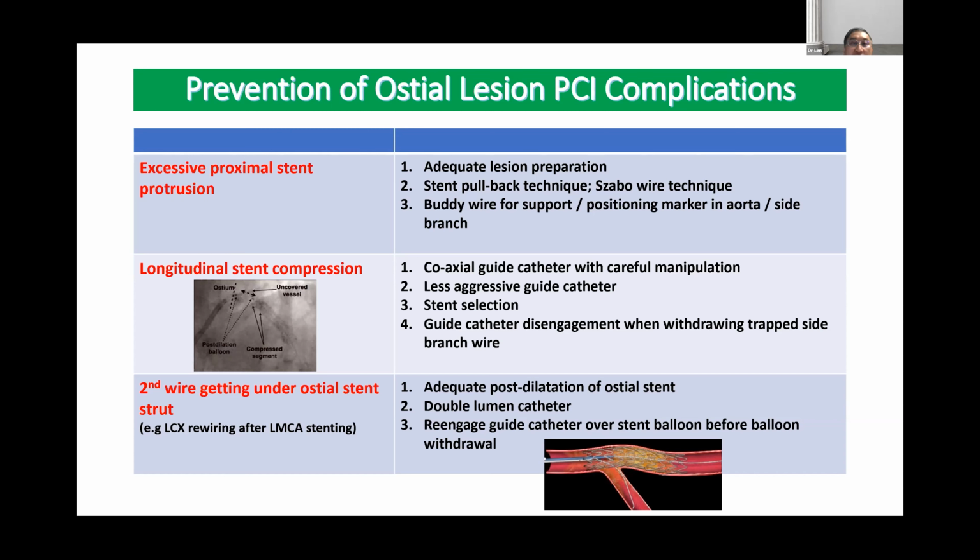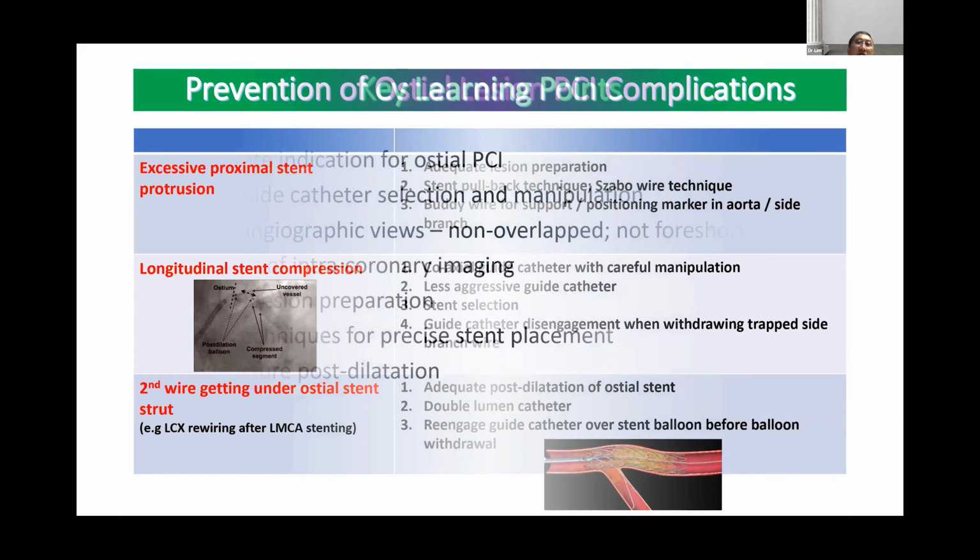Sometimes this second guide wire gets beneath the stent strut, and then that may create problems at the ostium or the left main stented segment. So adequate post-dilatation is important. Using double lumen catheter is very useful, or we re-engage the guide catheter over stent balloon before the balloon withdrawal.